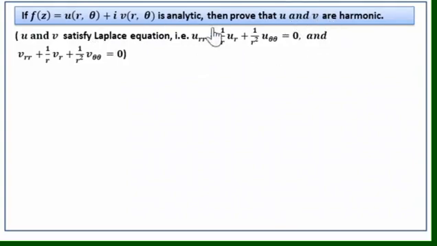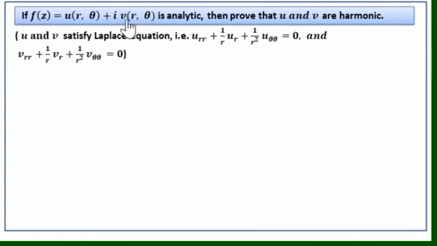So we need to prove these two. That is, if u satisfies this Laplace equation, urr plus 1 by r ur plus 1 by r square u theta theta equal to 0, then u will be harmonic. And if v satisfies this equation, vrr plus 1 by r vr plus 1 by r square v theta theta equal to 0, then v will be harmonic.